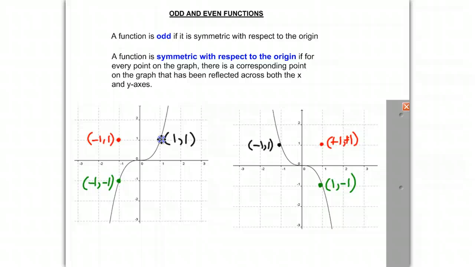So once again, a function is odd if for every point on the graph it has a corresponding point that has been reflected across the y-axis and the x-axis and also lands on the graph. Another way of saying that, a function is odd if it is symmetric with respect to the origin.